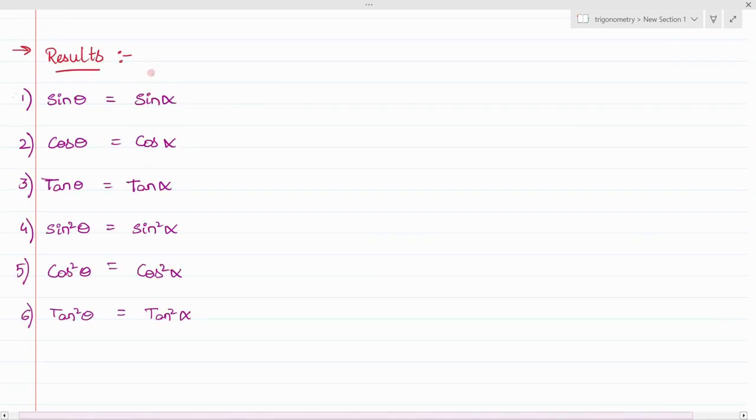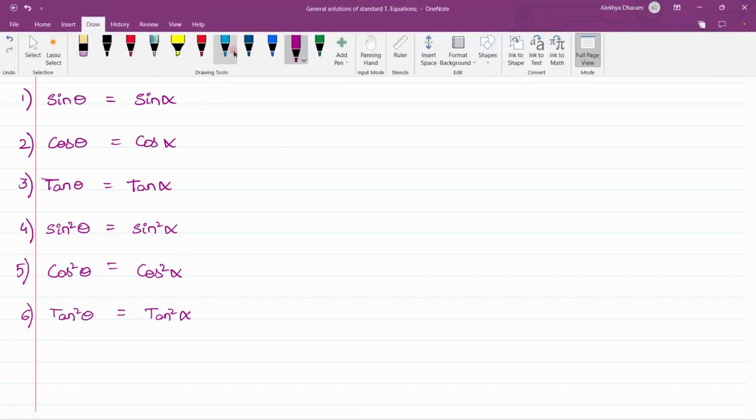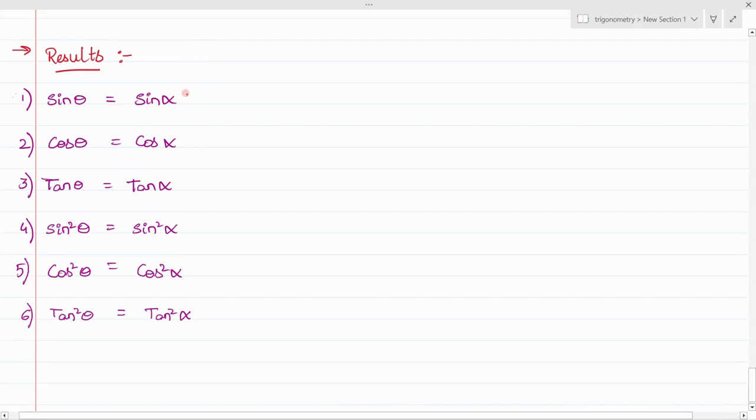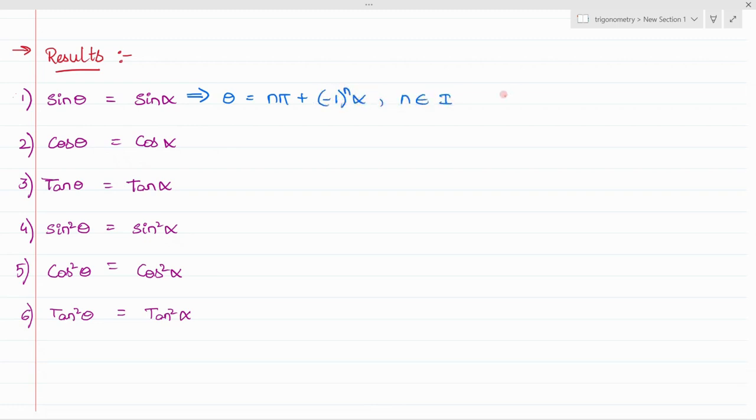Now let's recap all the results we got till now for the general solution of standard equations. First, that is sine theta is equal to sine alpha. Here the general solution for theta is n pi plus minus 1 whole power n alpha, where n belongs to all the integers and alpha belongs to closed minus pi by 2 to plus pi by 2.